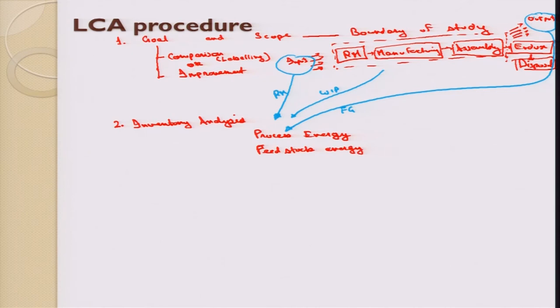And the outputs, because finished goods are here, because we are doing inventory analysis and we are more concerned about the impact, environmental impact, we also need to see the waste, pollutants, etc. So what essentially we are doing here is we are actually collecting all relevant inputs and outputs.